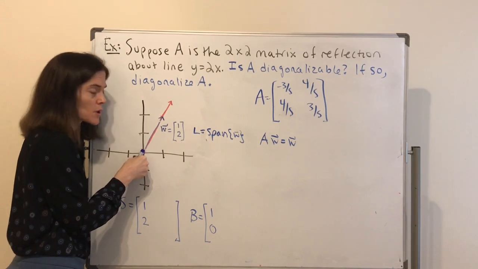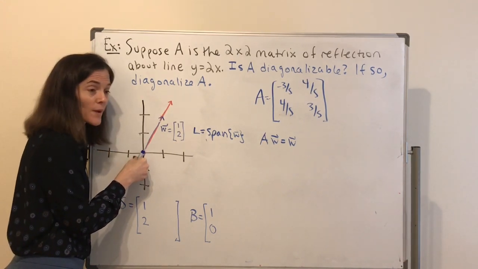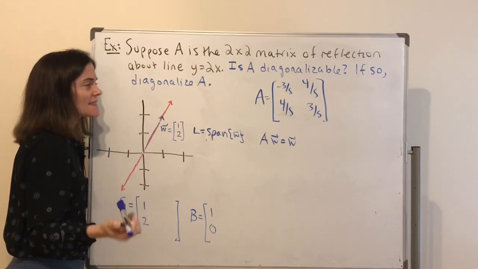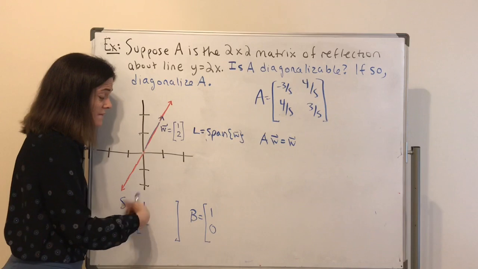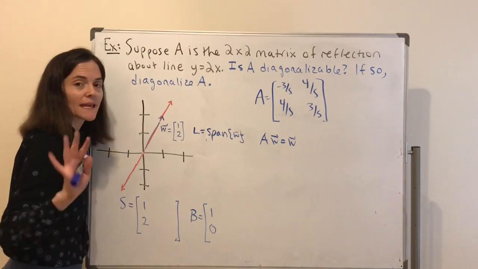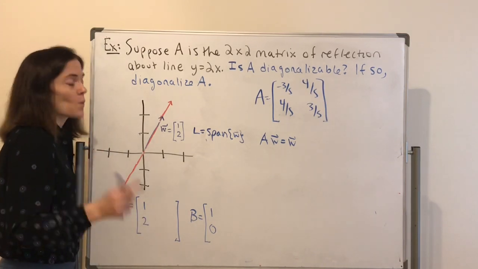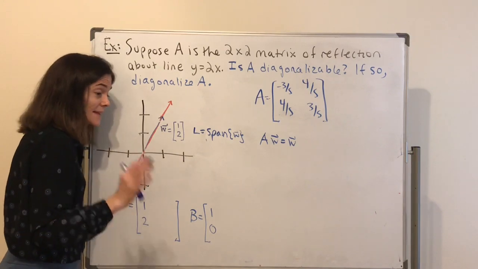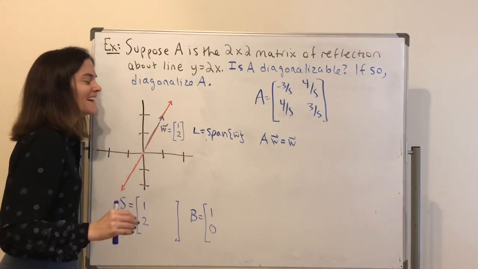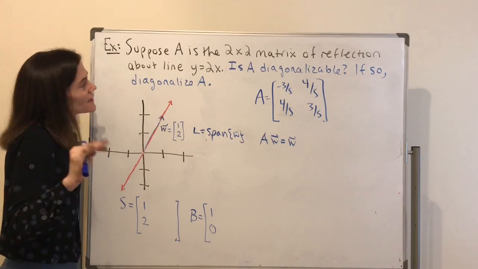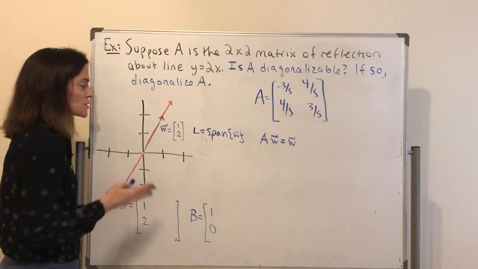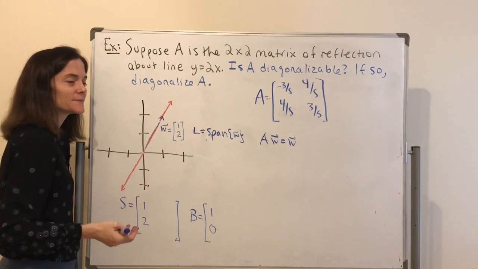Or if I did 5W or 10W or minus 0.1W. You don't want to take that as a second eigenvector and put it here, because what we're trying to fill S with is literally independent vectors, right? In order to be diagonalizable, we need two linearly independent eigenvectors for this matrix. So you don't want to pick anything along the line, okay?